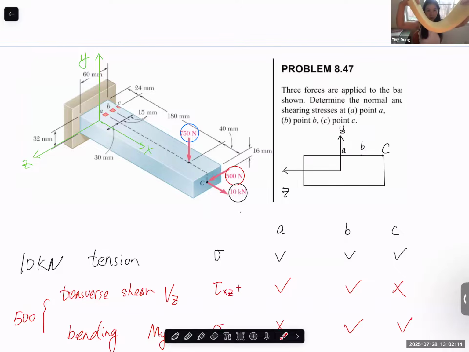I bend in this way, the top surface is in compression. When I talk about this, I intentionally consider the side where I apply the force as the top surface, but you should know when it's in tension or compression.